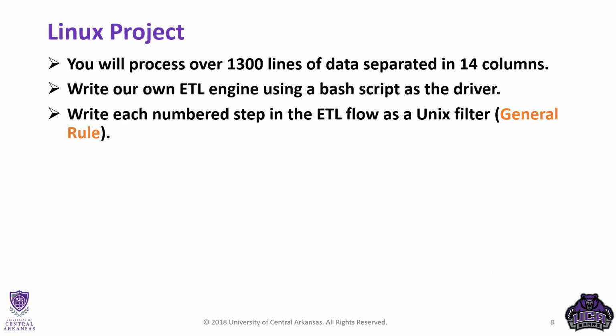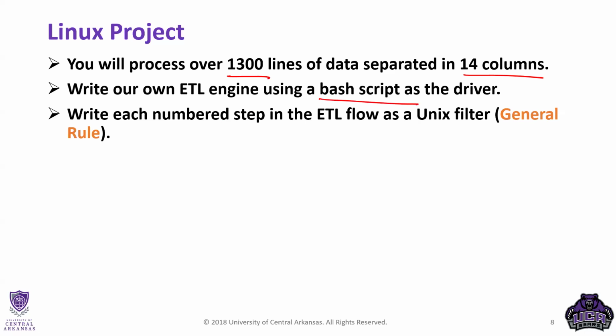Now, on your project, y'all are going to be processing a file that has a little over 1,300 lines of data, and it's got 14 columns in there. Again, we'll use the server that'll be housed in that server. You're going to wind up downloading and then creating an ETL engine that's going to be a bash script as that driver.